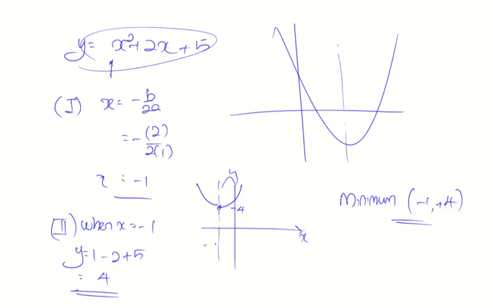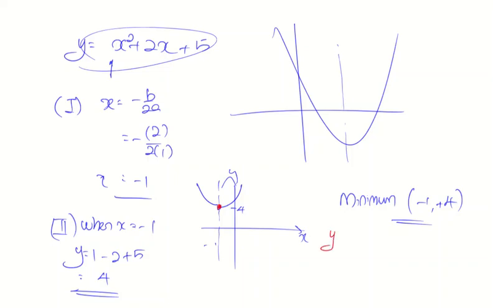And now, I am going to use a method that you know already. We call it the completing the square method. So you have this point already. Now look at how I do completing the square.